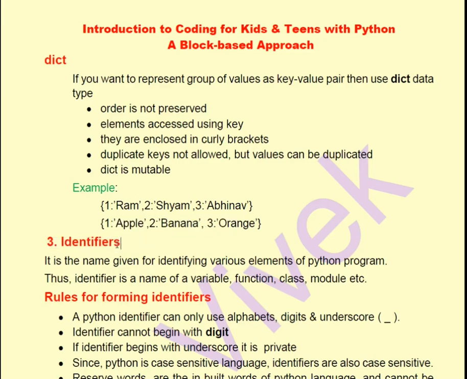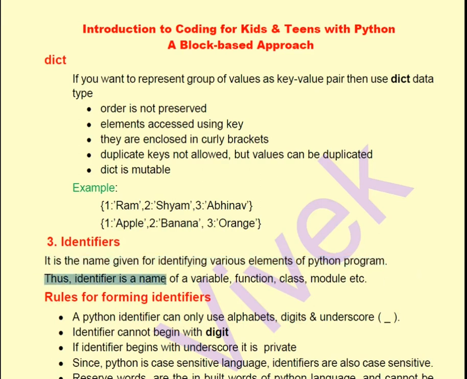Identifiers. This is the identifier concept now. Earlier we have seen a few important concepts: the concept of character, the concept of data, and the third concept is that of identifier. It is a name given for identifying various elements of a Python program.